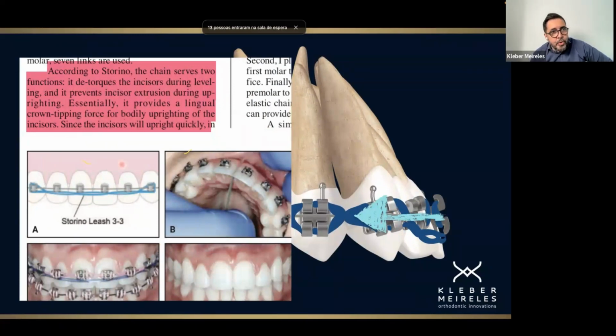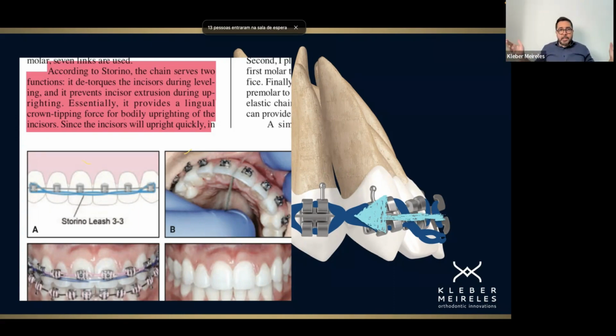So you go to the article, according to Storino, the chain serves two functions. It detorques the incisor during leveling, and it prevents incisor extruding during uprighting. It's impossible also, because if you're doing uprighting, just doing this, you will have the extrusion of the tips of anterior teeth.